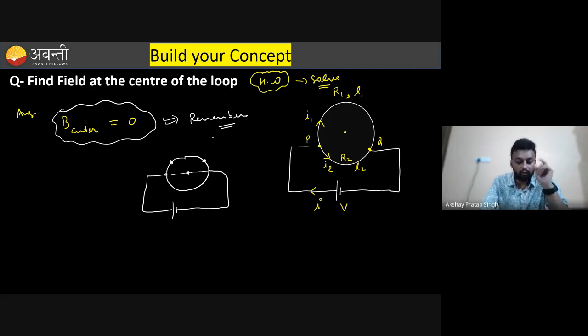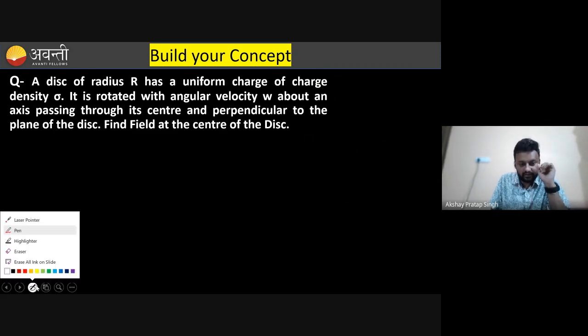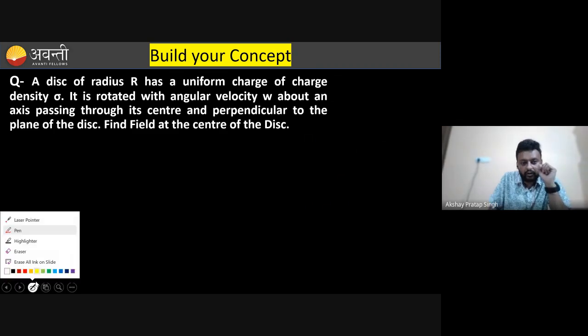Clear? Now, moving on to a question which will enhance your thinking skills. This is a very good question that was previously asked in the JEE exam. This is a PYQ basically. Just read out the question very quickly.